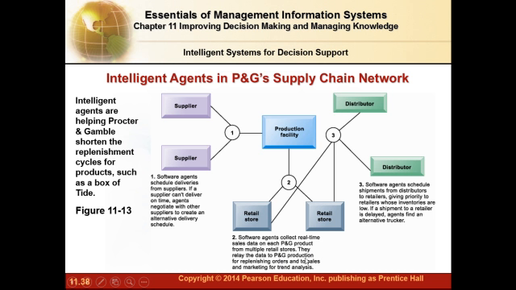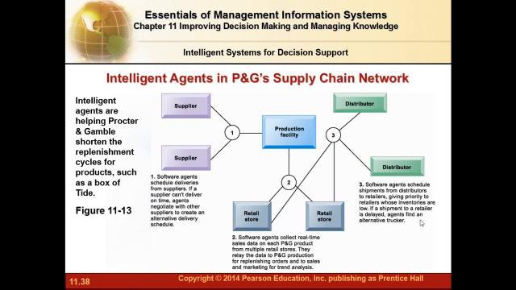They relay the data to P&G for replenishing orders and to sales and marketing for trend analysis. Next, the distributor: software agents schedule shipments from distributors to retailers, giving priority to retailers whose inventories are low. If a shipment to a retailer is delayed, agents find an alternative truck.